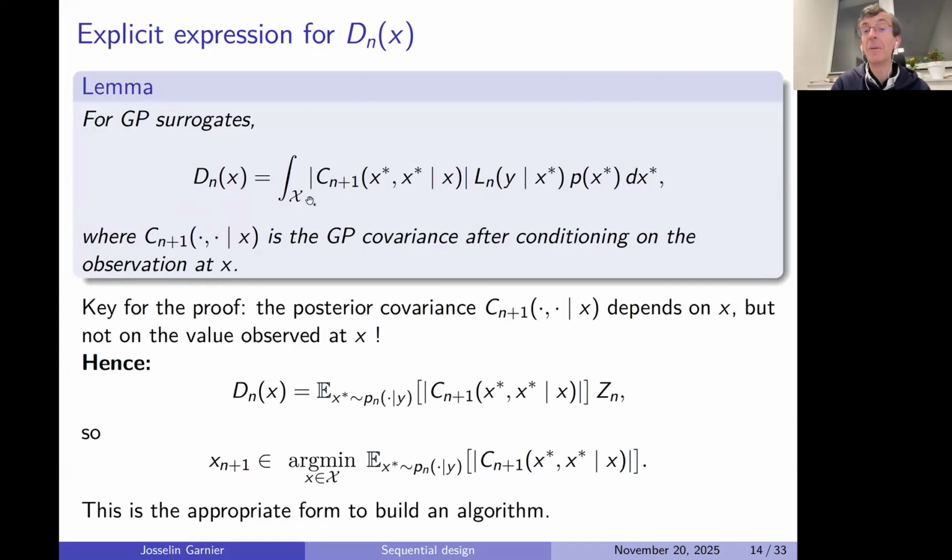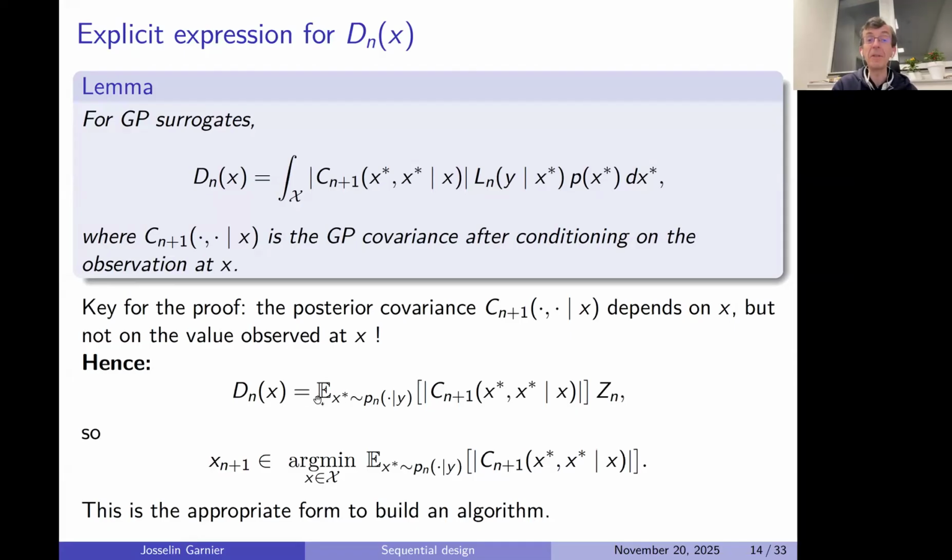It's an integral, but here everything is explicit. We have an analytic expression for everything. So that seems correct to express D_n like that. Now you can say that it's an average of this posterior variance when x star is integrated with respect to this quantity divided by the normalizing constant, times the normalizing constant.